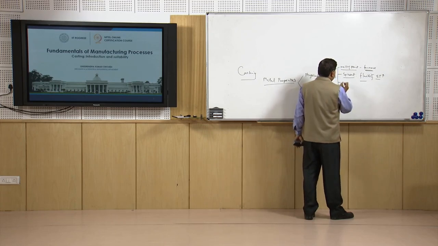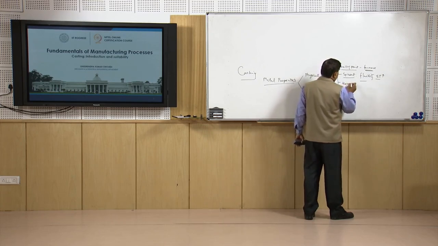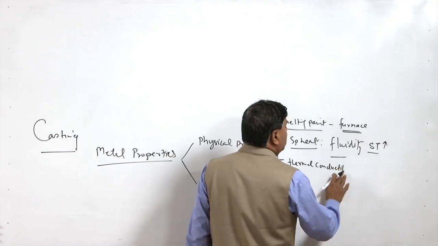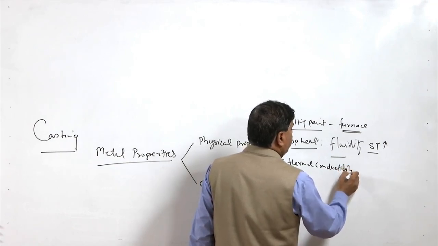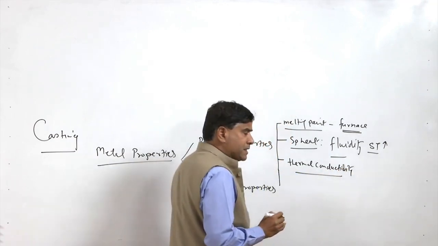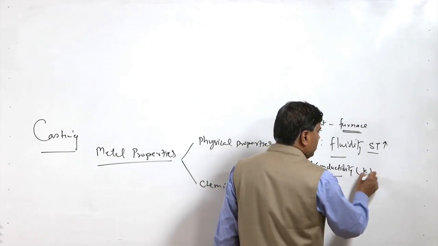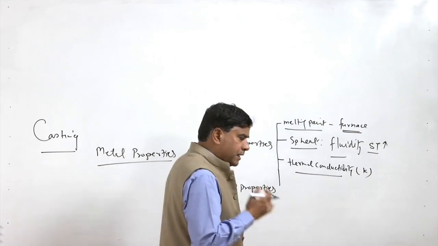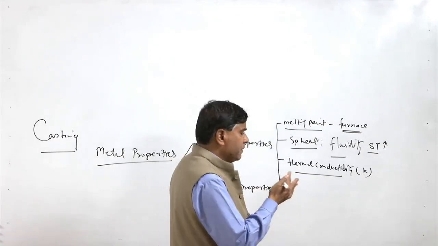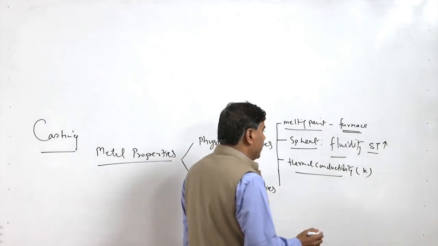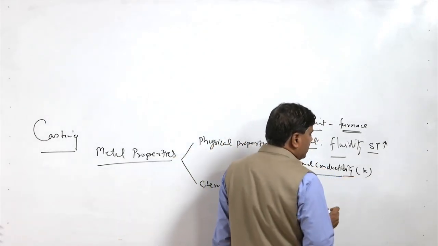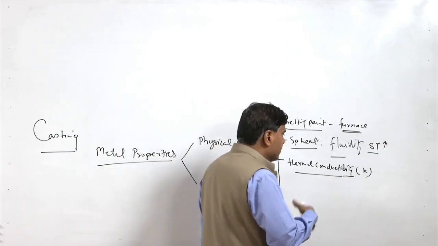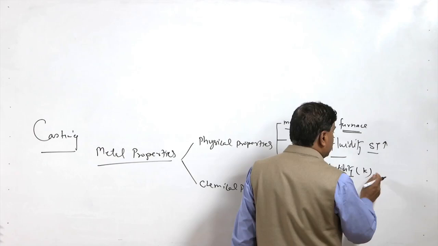Then we have thermal conductivity. Thermal conductivity of the metal is important because it determines the rate at which heat will be transferred from the metal to the mold. High thermal conductivity metals will transfer the heat faster as compared to low thermal conductivity metals.